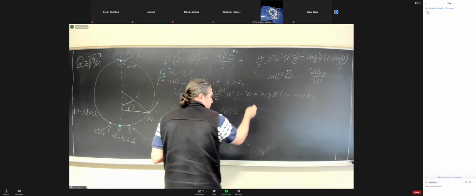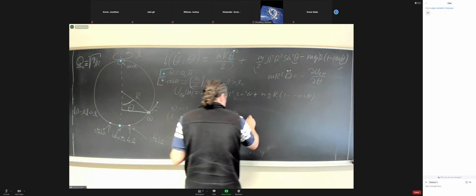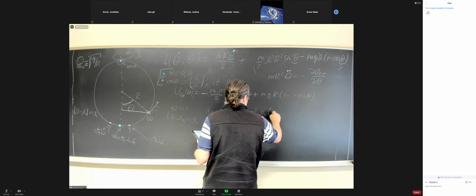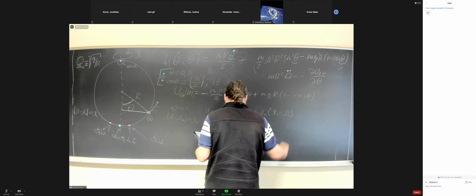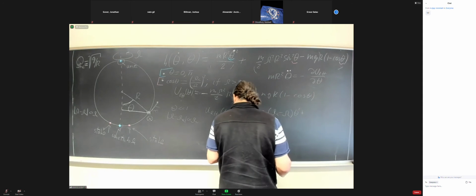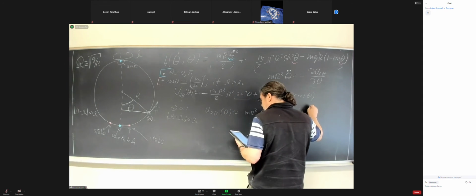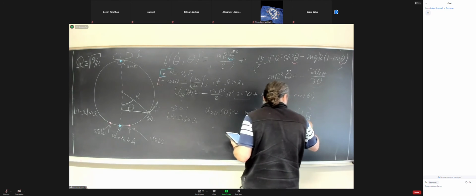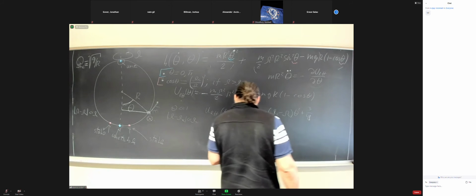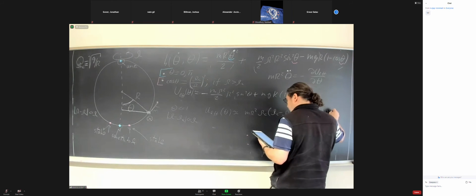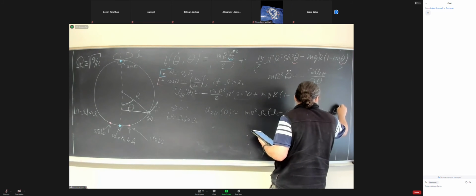There's some constant in front, I'll skip it. This is m r squared times omega critical minus omega times theta squared, plus 3 divided by 4 factorial. This is just the next order term in Taylor expansion, m r squared omega critical squared theta to the 4th.